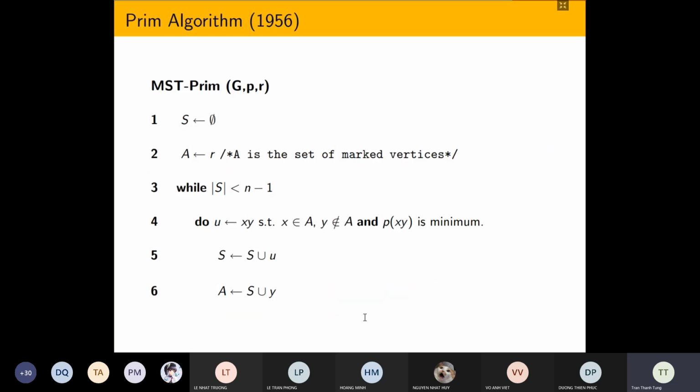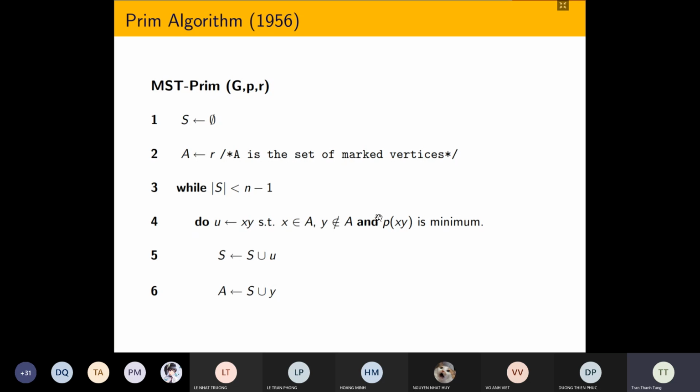So people came up with another solution, which is very close to what we saw in the last one. Prim's algorithm. Here again we have vertices.